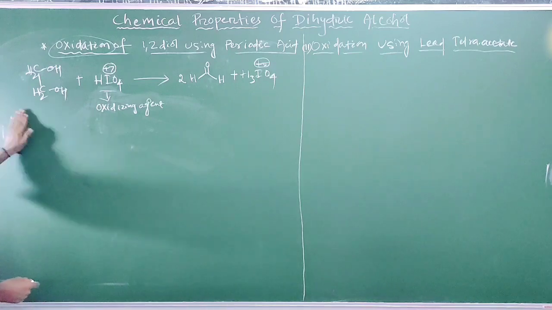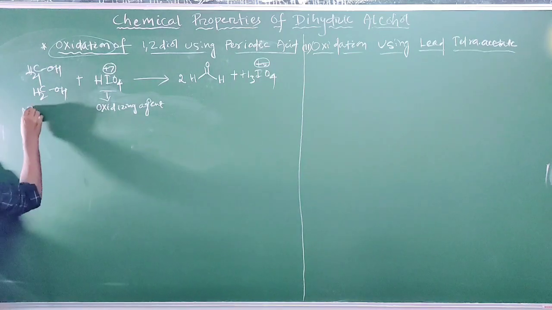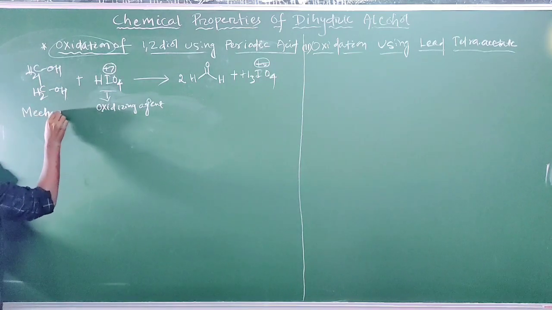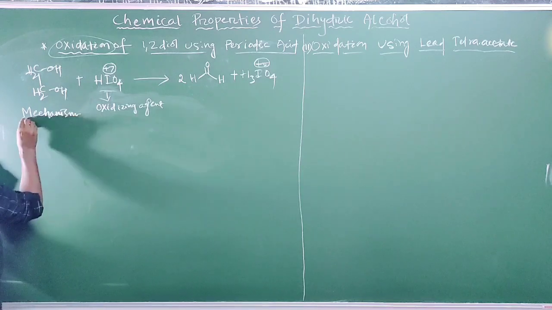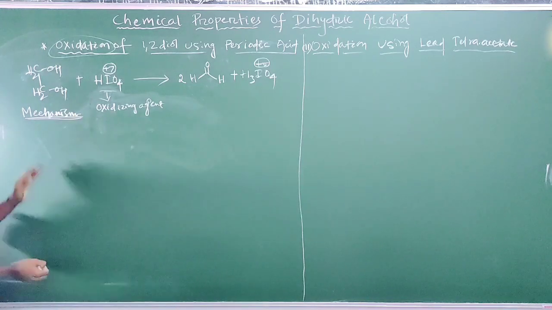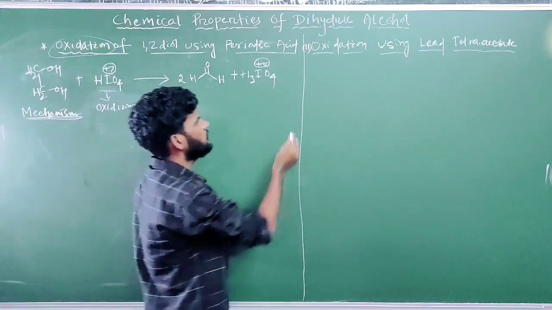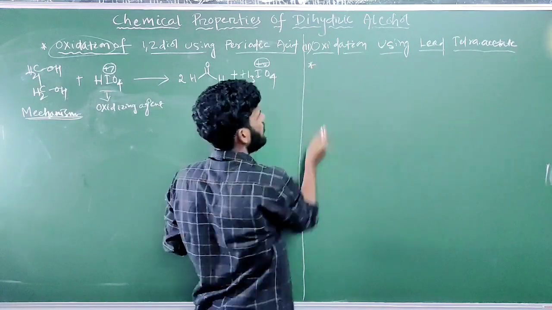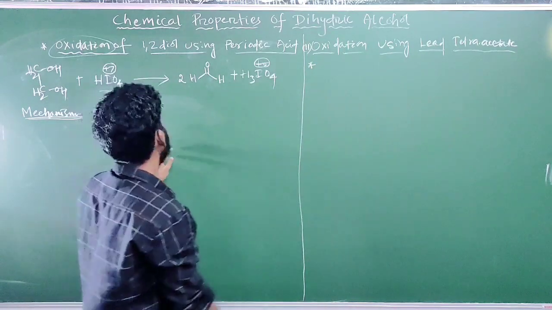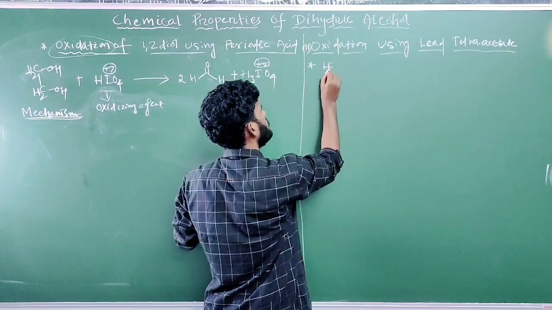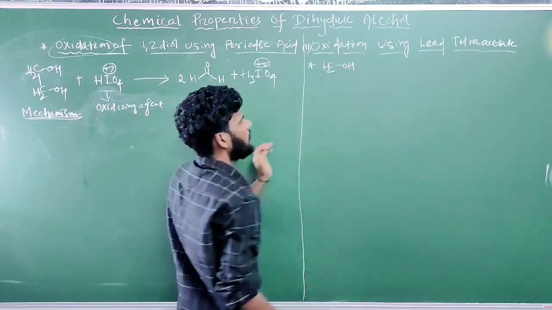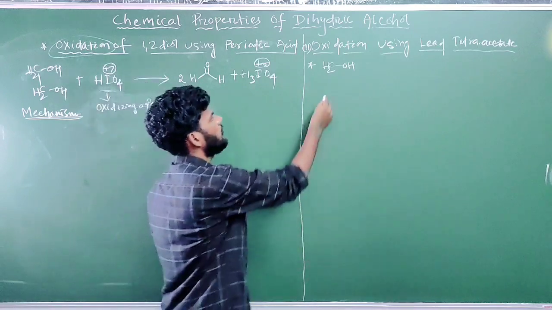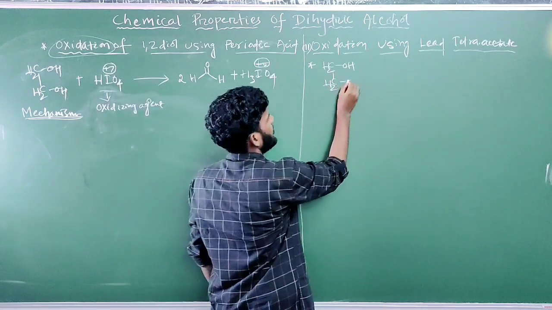So what is the mechanism then? Before coming to the mechanism, as both the reagents have a similar mechanism, it will be easy for you to remember and practice. Here also the starting material is 1,2-diol or glycol.